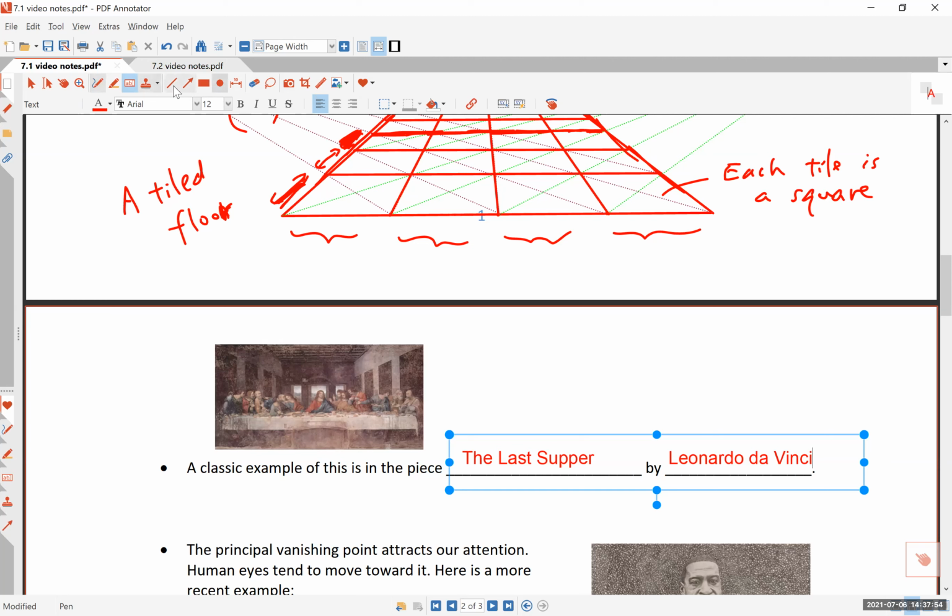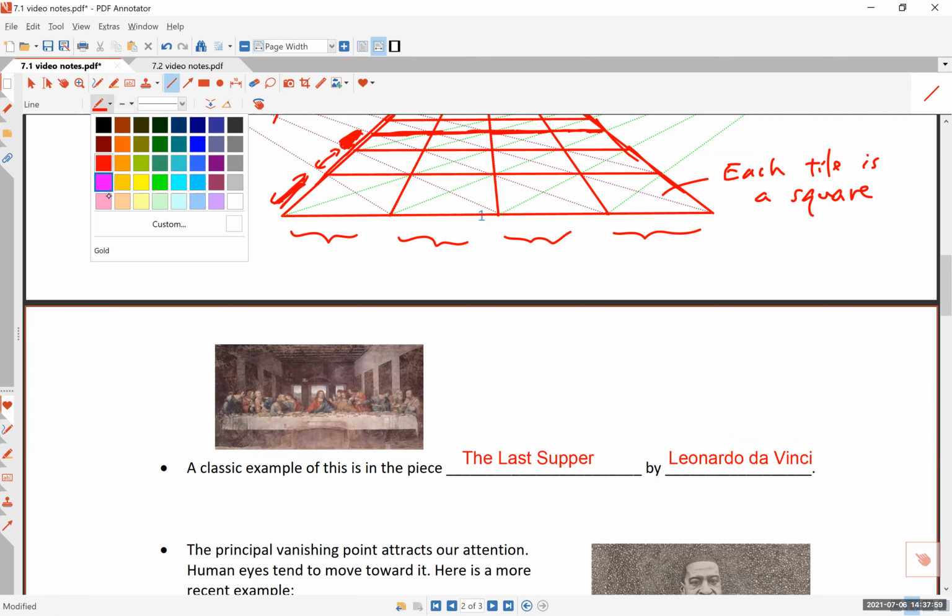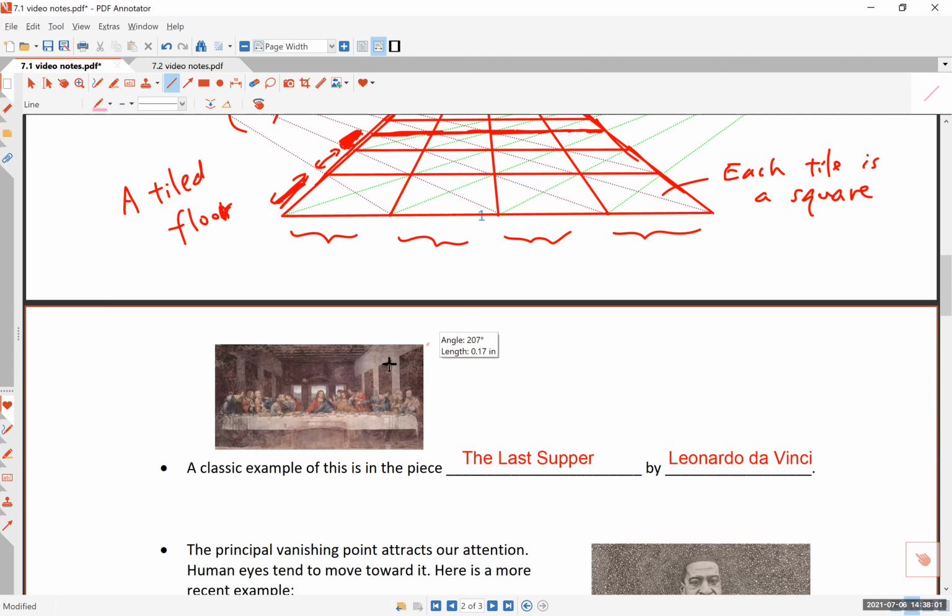Well, you can tell that these lines, I hate to mess with somebody's masterpiece, but if you have this line here, you see what I'm doing here? This is the line going along the top edge of these paintings or wall pictures. And then all of these lines on the ceiling, they all merge at the principal vanishing point, which is exactly where the head of the Christ figure is located, right?